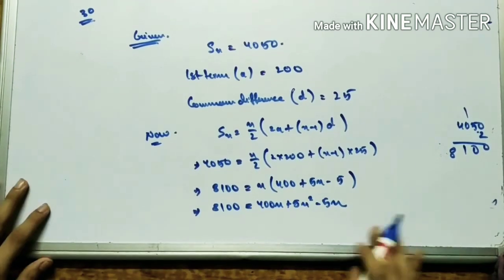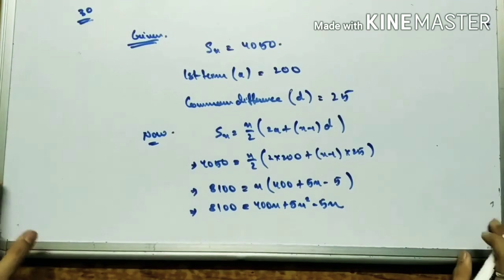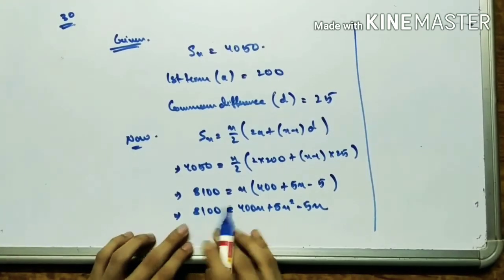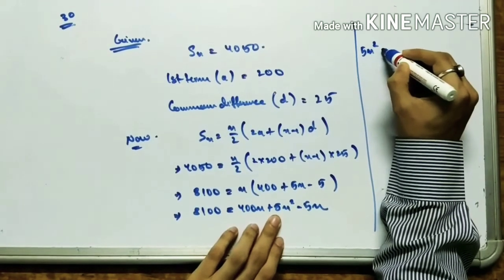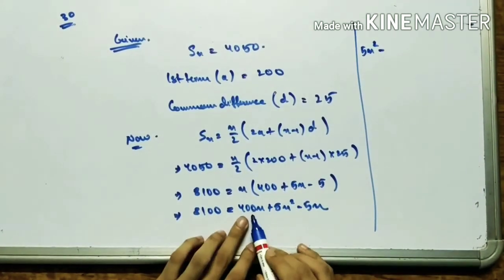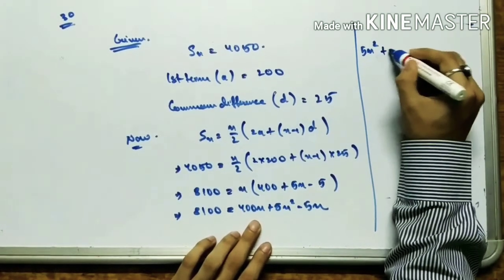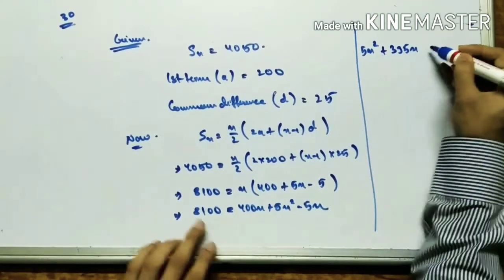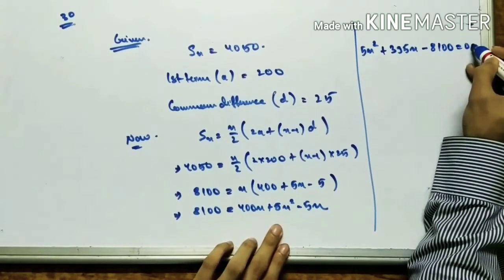Understand? So this one, let me bring it into the quadratic equation form. This I can write as 5n square, 400n minus 5n, I will get plus 395n, and if I bring this side, I will get minus 8100 is equal to 0.